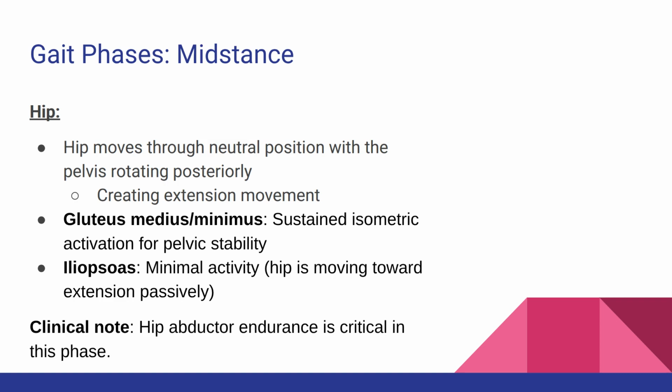The gluteus medius and minimus maintain sustained, mostly isometric activation to stabilize the pelvis. The iliopsoas shows minimal activity because the hip is extending primarily due to body momentum rather than active muscle contraction.